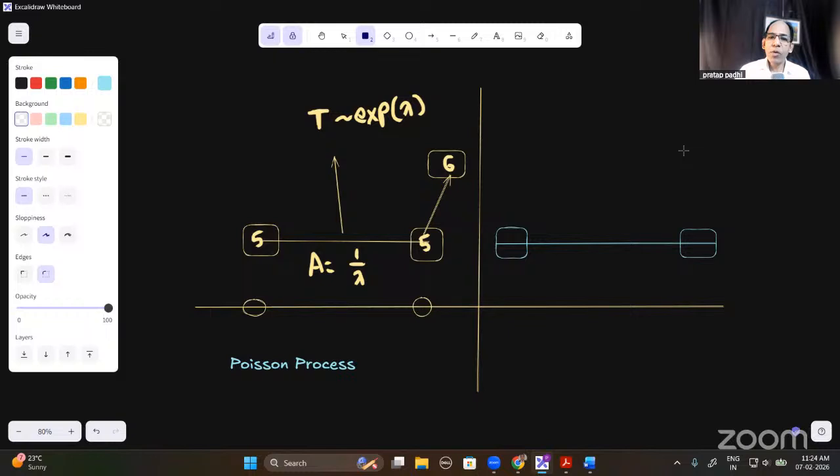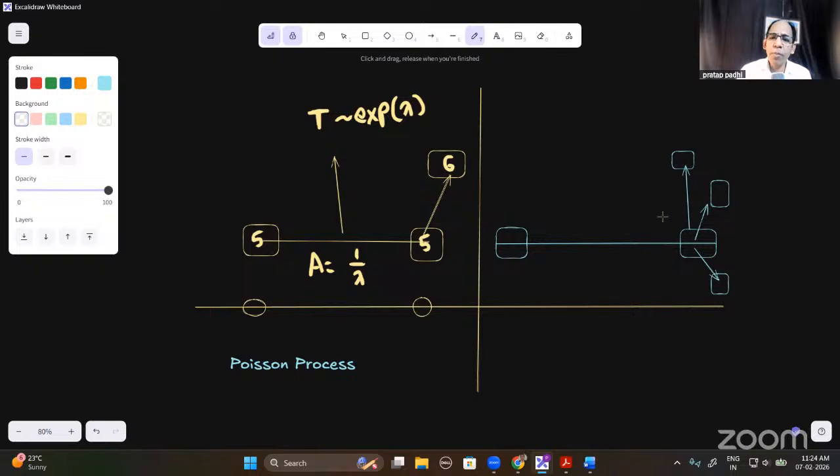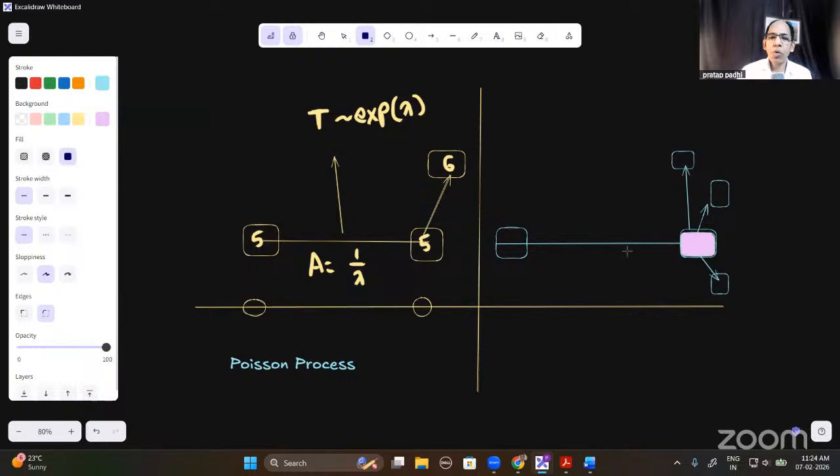It can go here, it can go here, it can go here. So the transition could be to any state possible. Okay, it could go anywhere. So what will happen in that case? Because you have so many options, you have to decide from here where it will go.